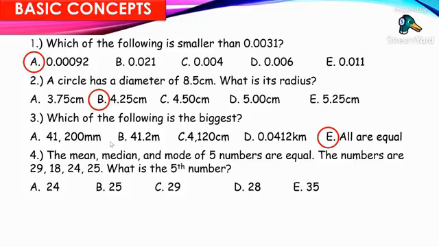The mean, median, and the mode. Okay, so anong sinasabi sa problem? The mean, median, and mode of 5 numbers are equal. Ibig sabihin, yung mean, median, and mode natin ay parehas. So the numbers are 29, 18, 24, 25. What is the fifth number?